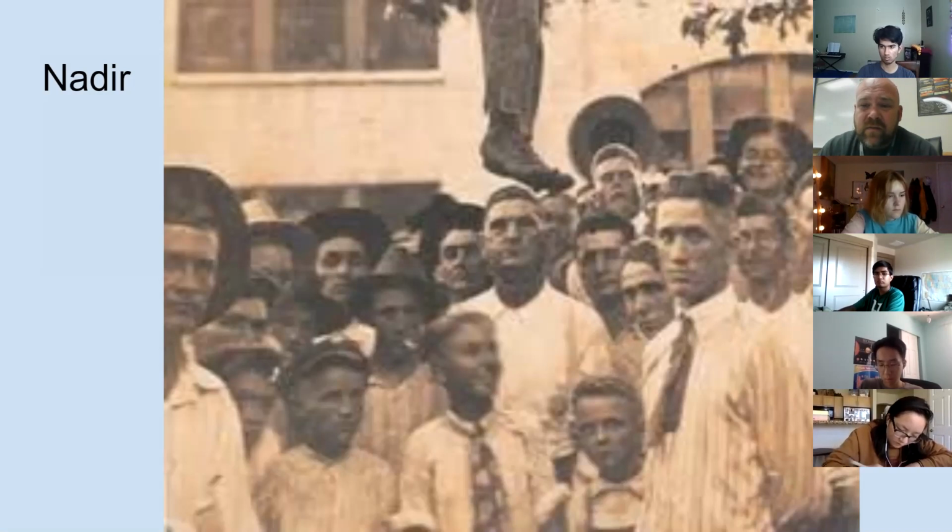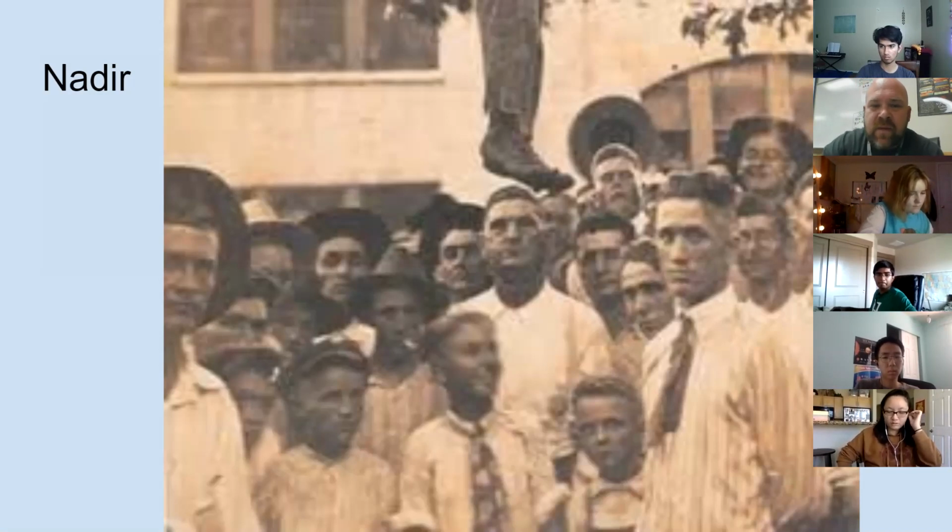That would be a mob attacking usually a Black man, about 80% of them are Black men, and killing him, and in the American style, usually hanging them in a tree. That's the American style of lynching, usually.